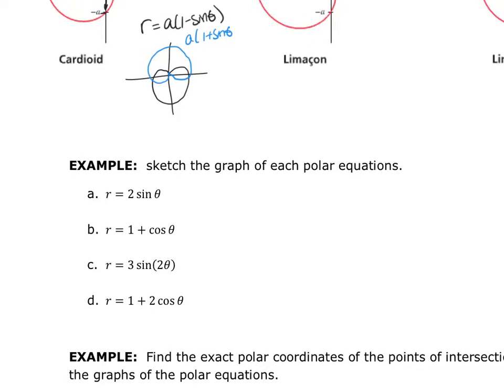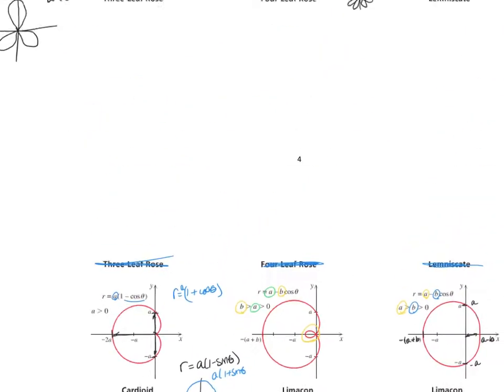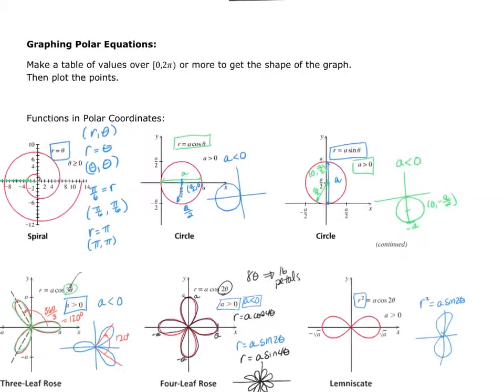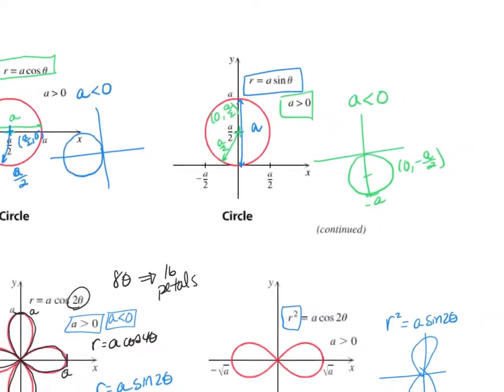So if I'm asked to sketch the polar equations, then I ask myself, does any of these match the shapes that I already know? So I have r is equal to 2 sine theta, and that looks like a circle. So if I go back up here, let's see if that's a circle. And it is indeed a circle.